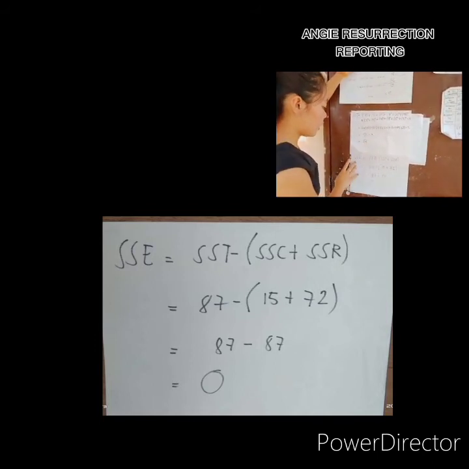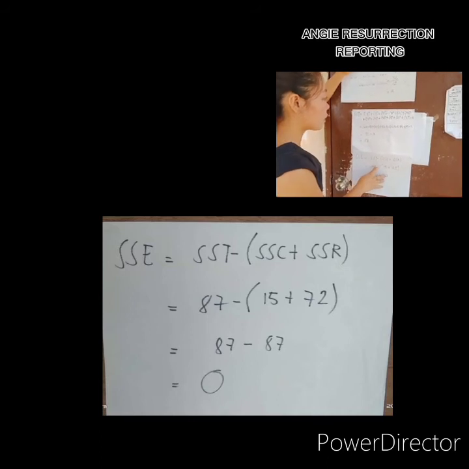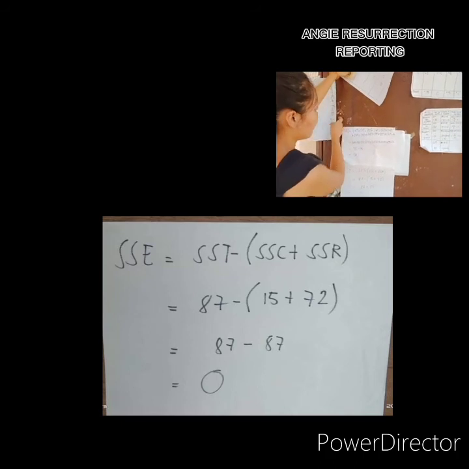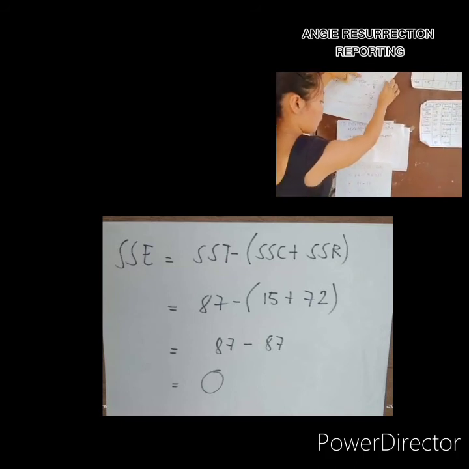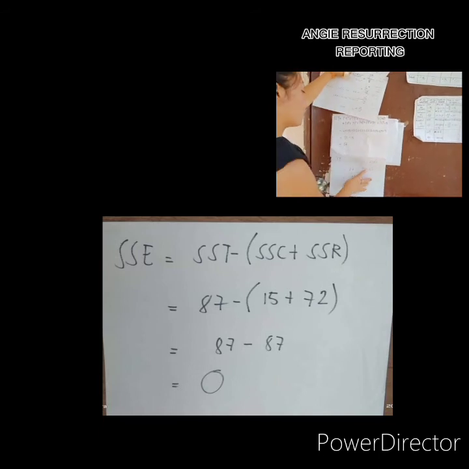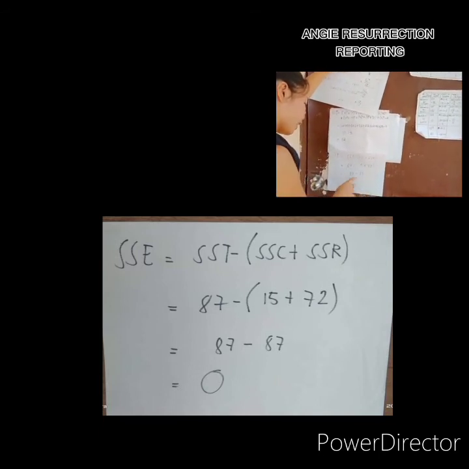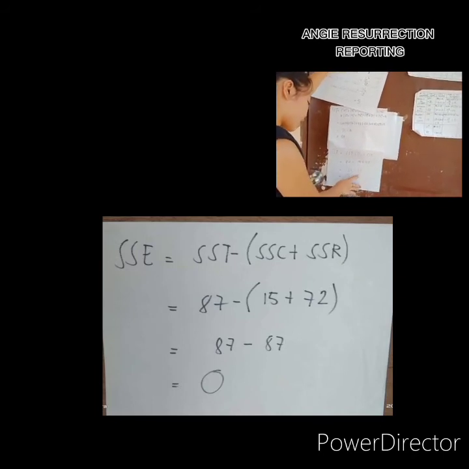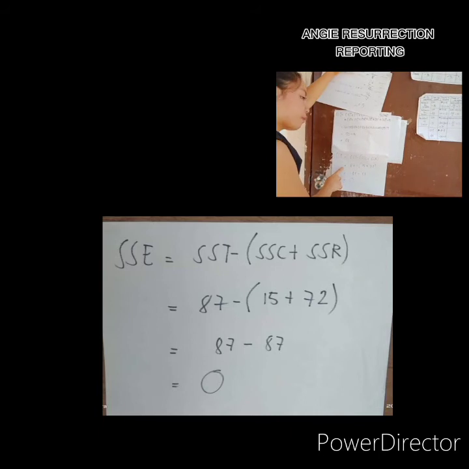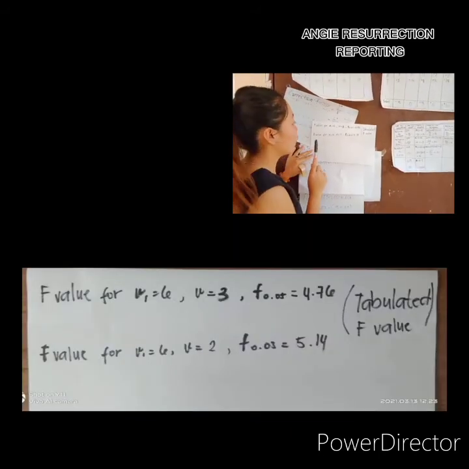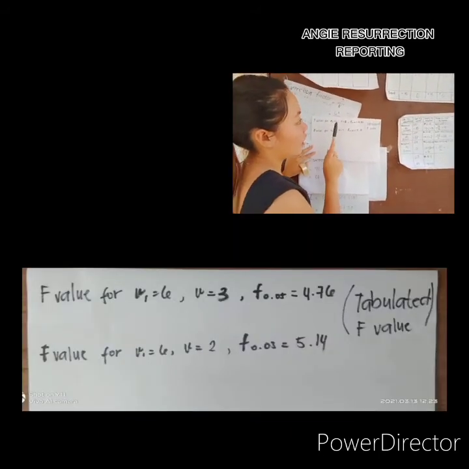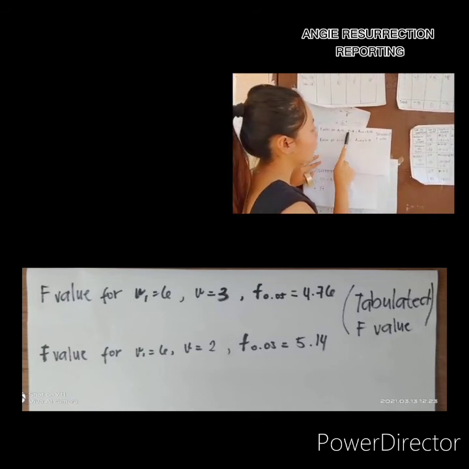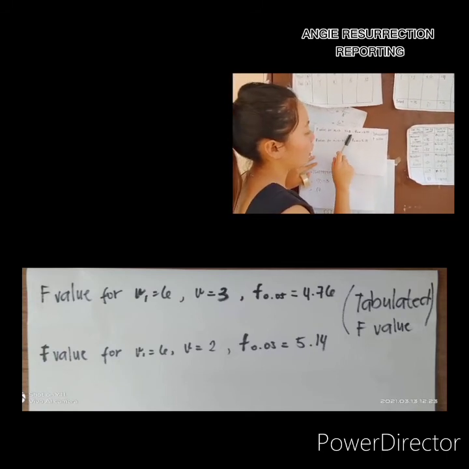The total SST is equal to 87, minus SSC, which is 15, plus SSR, which is 72. Then 15 plus 72 is equal to 87. So the SSE is 0. So now the F value for the grand total: nu 1 is equal to 6 and nu 2 is equal to 3.